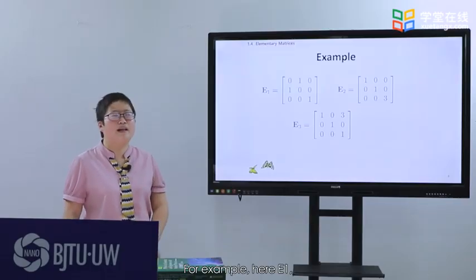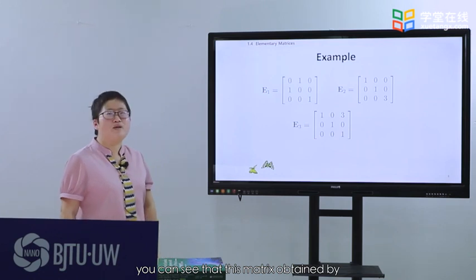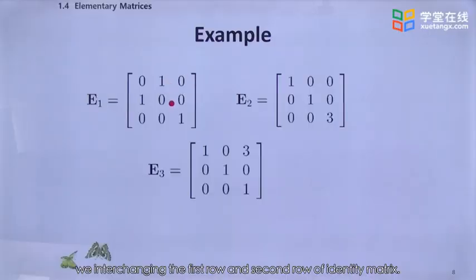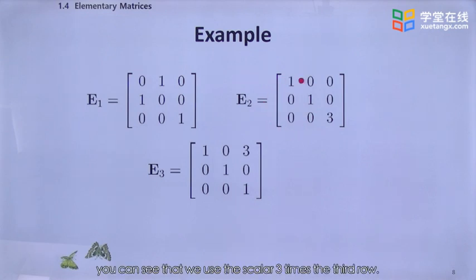For example, here E1: you can see that this matrix is obtained by interchanging the first row and the second row of the identity matrix. We only do this one row operation. So this is a type 1 elementary matrix. And how about E2? For E2, you can see that we multiply the third row by the scalar 3.